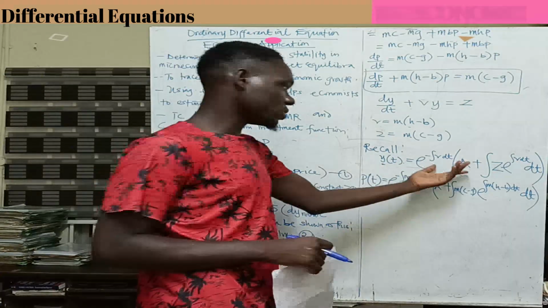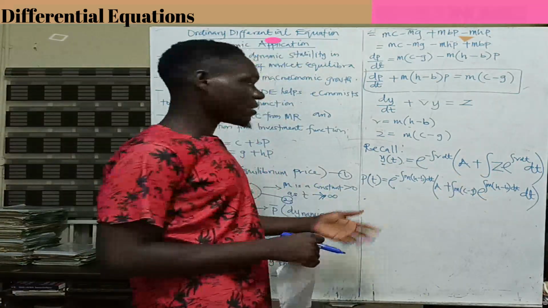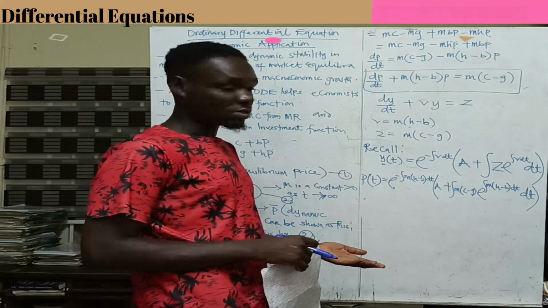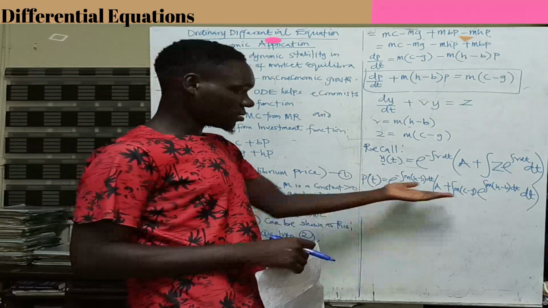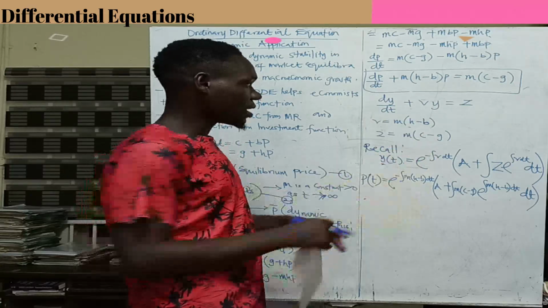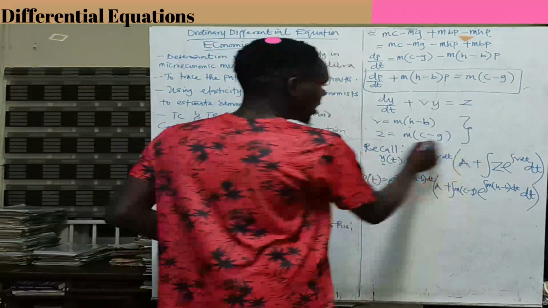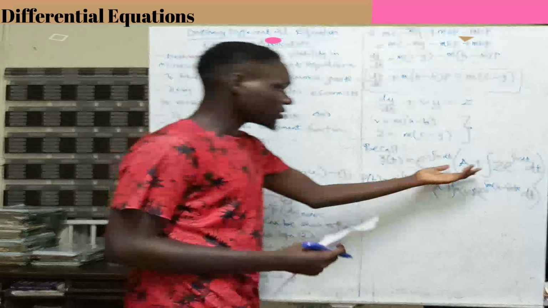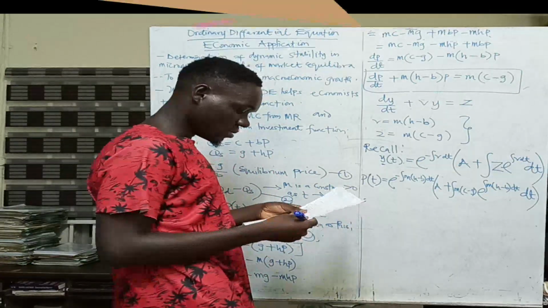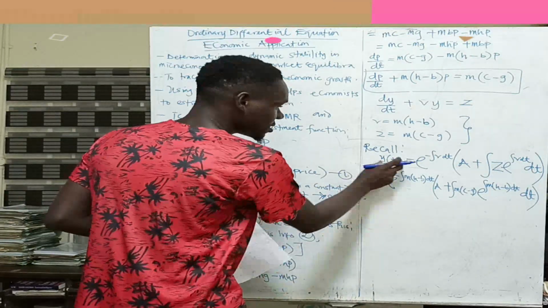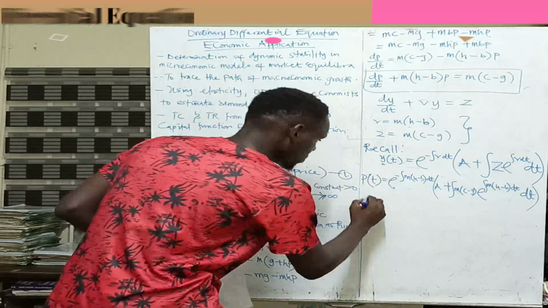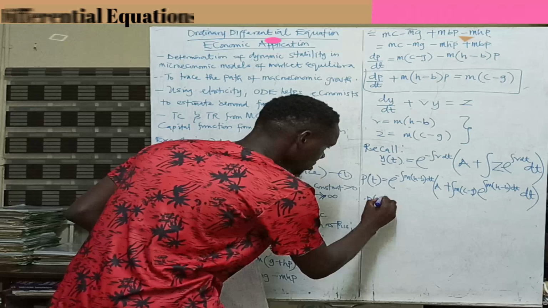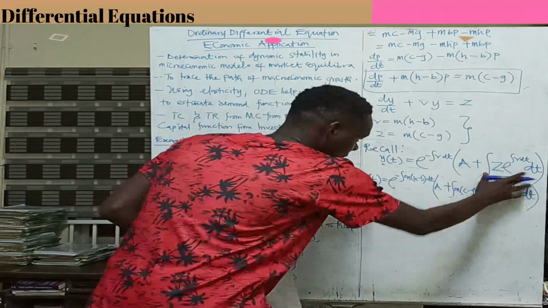So we are still going to work with this, but then after arriving at our result, we can then replace our result with what we have here, now that we know that v is this and z is this. So we retain this, instead of having y(t) here, we are still going to have P(t). So we are still working with the original formula.